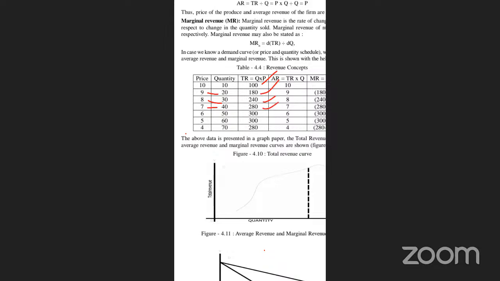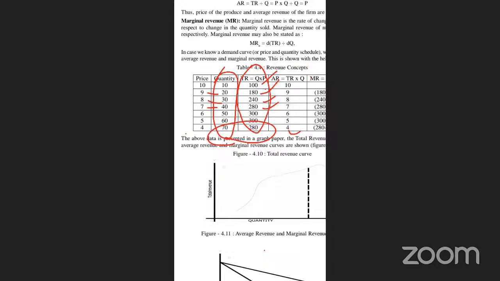So on and so forth. After calculating TR, you can find out AR. AR is nothing but this column, that's TR, divided by Q. This is Q. That means 100 divided by 10 is 10. 180 divided by 20 is 9. So on and so forth. 280 divided by 70 is 4.